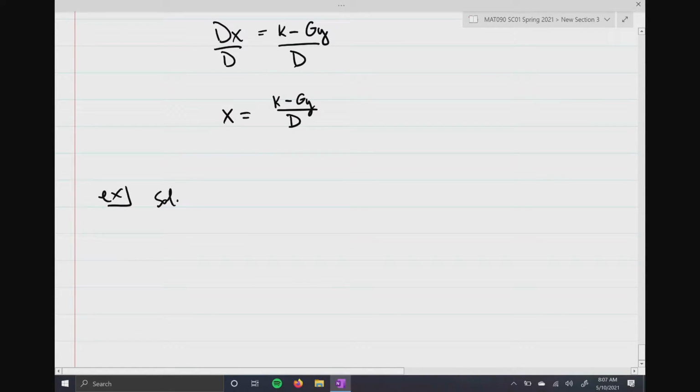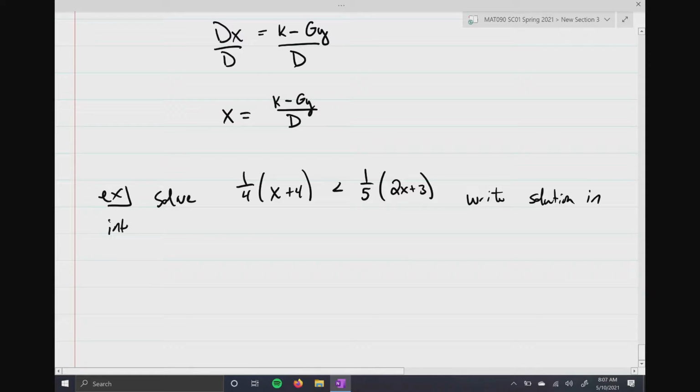So let's solve 1/4 times the quantity x plus 4 is less than 1/5 times the quantity 2x plus 3. And we're going to write our answer in interval notation.